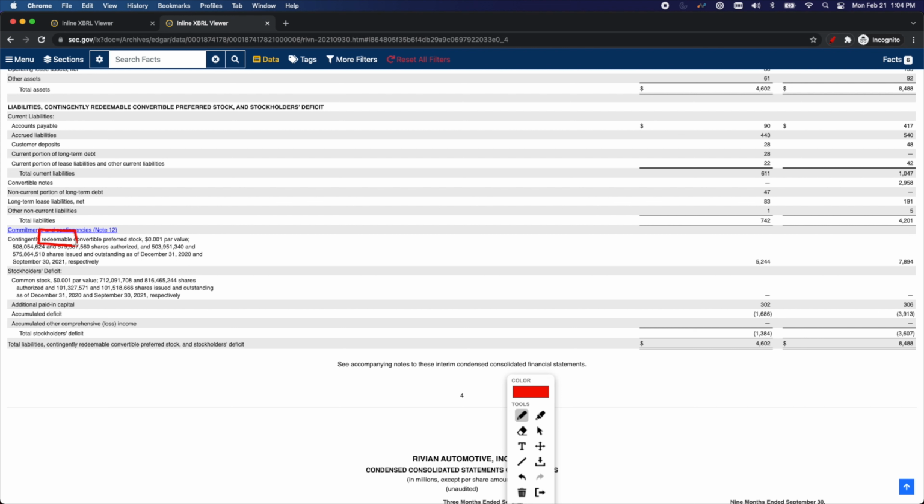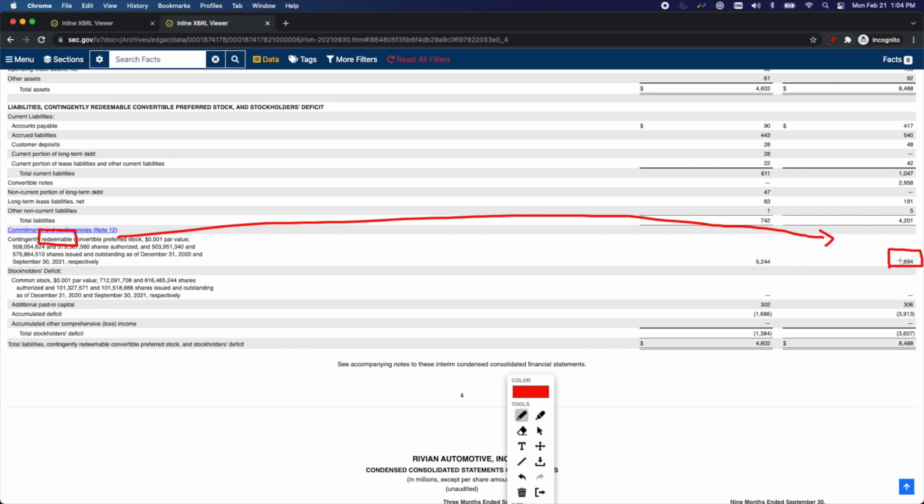This is very important, because if they were to redeem this preferred stock, Rivian would have to give cash to those preferred stockholders. So it's pretty much like having a liability. And if you are a common stockholder and all your preferred stockholders want to redeem their preferred shares, it doesn't matter what happens to the common stockholders, the preferred would take priority.